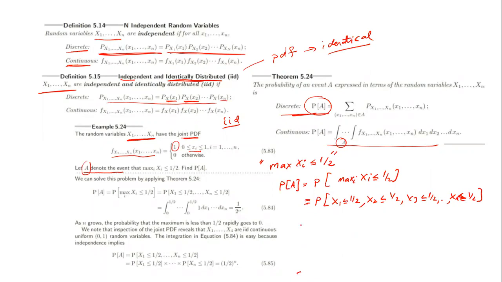This requires simply this integration. We can simply integrate the joint PDF over the range from 0 to 1/2.